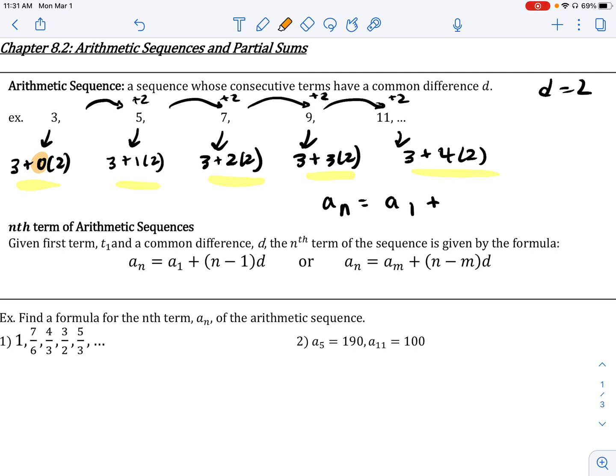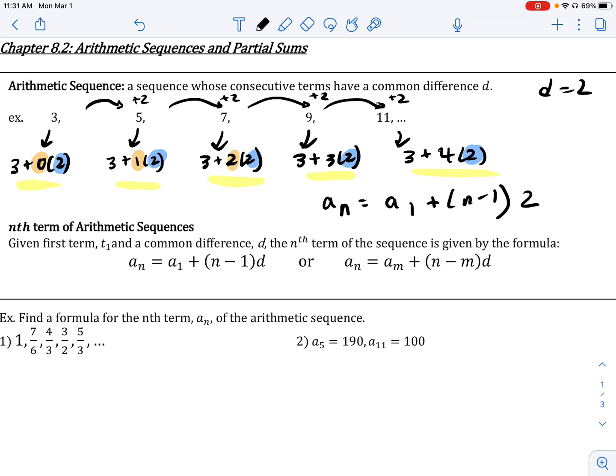When n was equal to 2, for my second term in the series, I added 2 once. When n is 3, I add 2 twice. So you see that the relationship is just n minus 1 times my common difference. So I'm adding my common difference n minus 1 times.